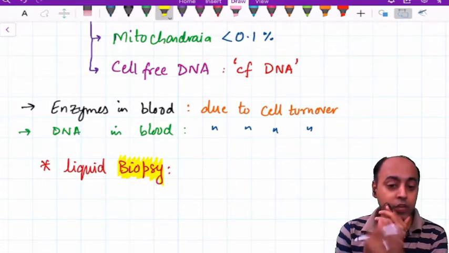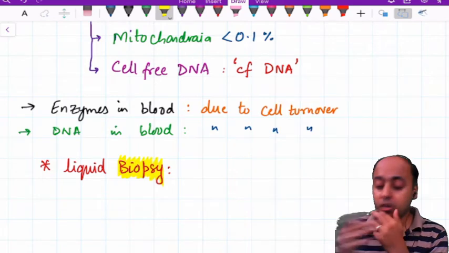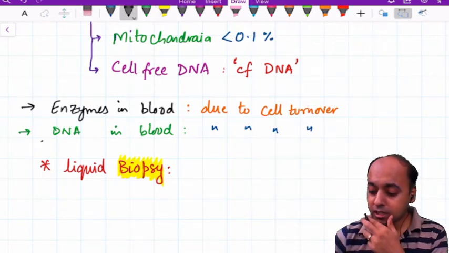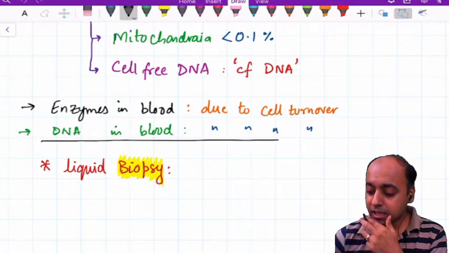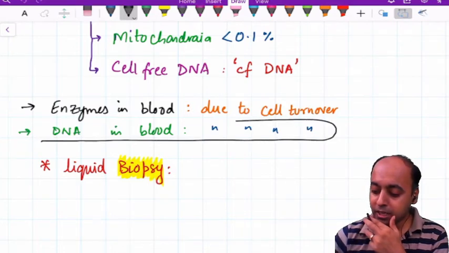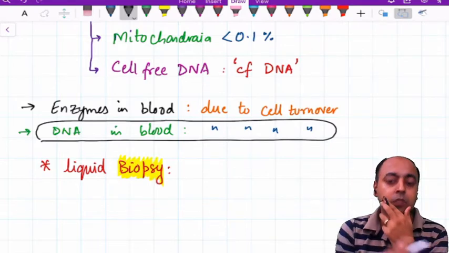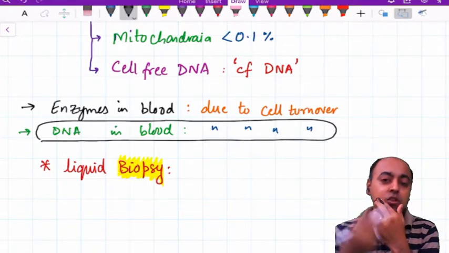That is where the liquid biopsy comes into play, with the understanding that whatever DNA will be there in that particular malignant cell will also be coming in the blood, because the malignant cells will also show a turnover.